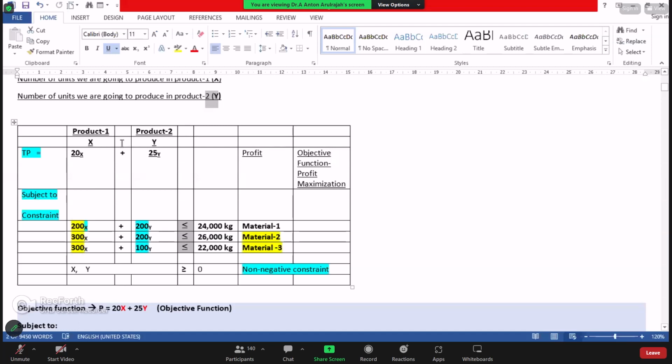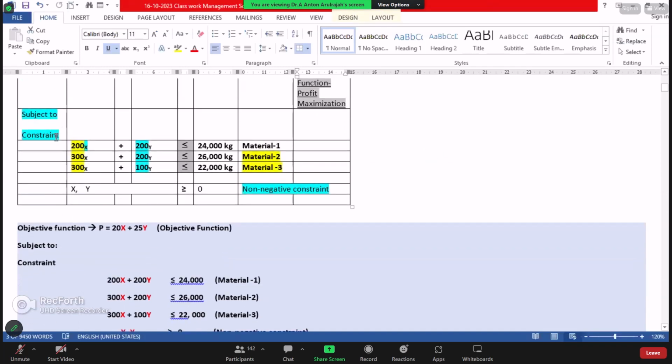Product 1, product 2, X, Y. The total profit equation is 20x plus 25y, that is equal to total profit. That is the objective function. We have to maximize it.